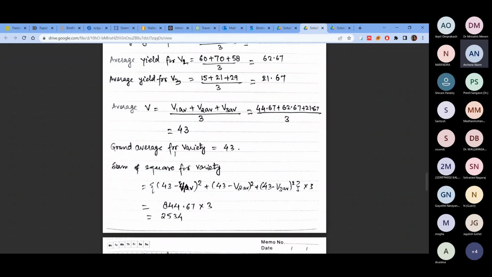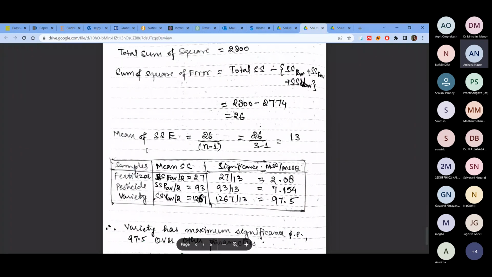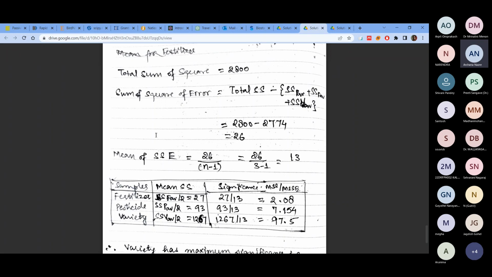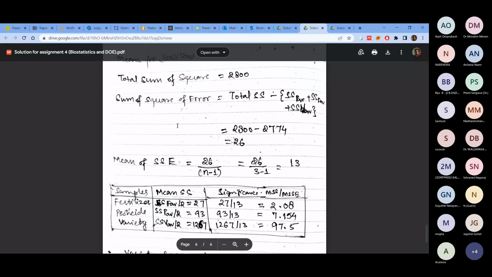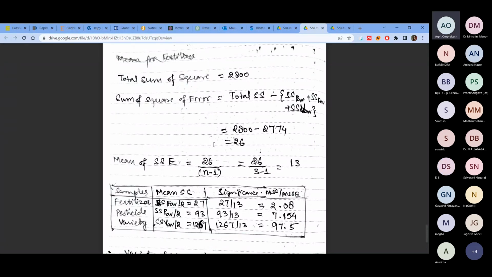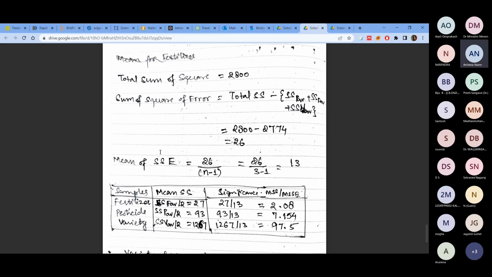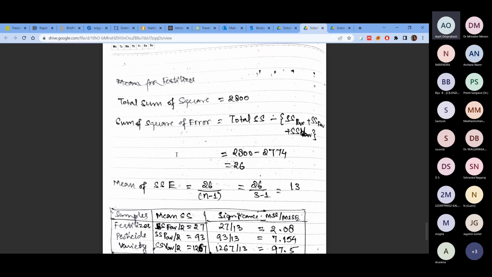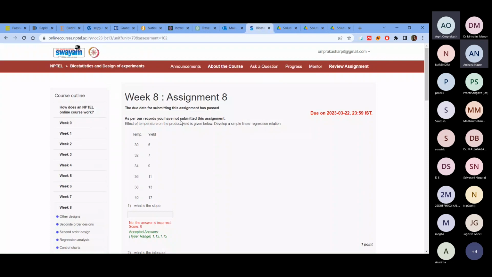I understood how the sum of squares comes. What I've got is N equals 3 minus 1. This part, 3 minus 1. So the degrees of freedom. Table, can you explain? This is the degrees of freedom.